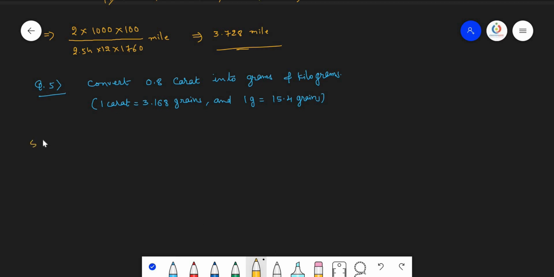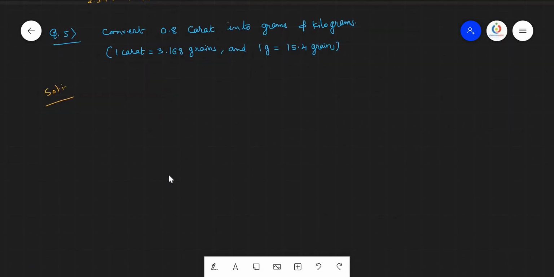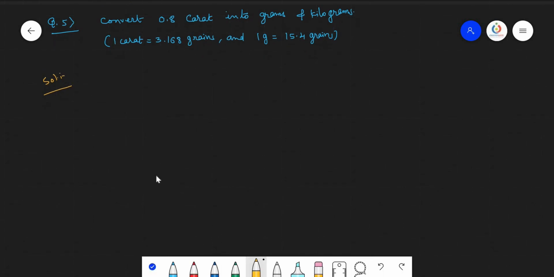Now let us solve the question. Every time we need to develop the relation. Here the question itself gives the relations, so 1 carat is equal to 3.168 grains. For this we develop the factor: 1 carat divided by 3.168 grains, which equals 1, because both are almost the same.